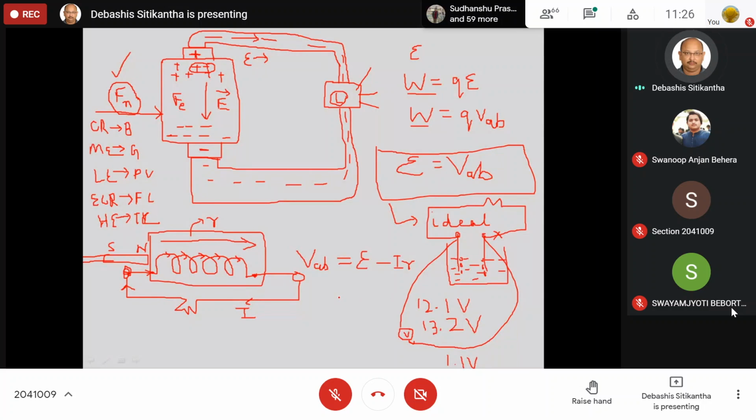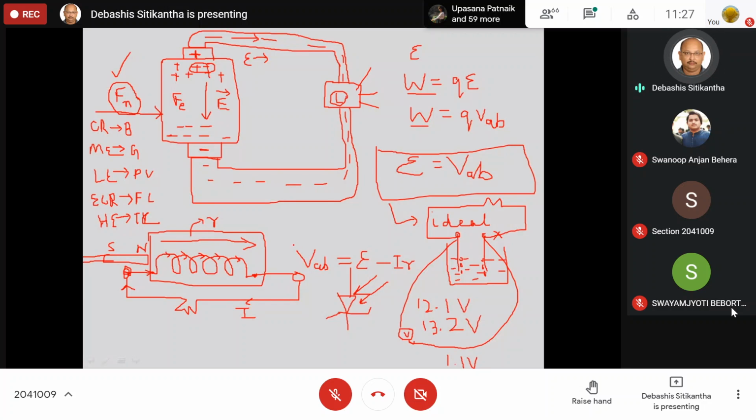Similarly, in case of a photovoltaic cell, when light is falling on it, obviously there will be some resistance inside the photovoltaic cell as well. That resistance is known as internal resistance.